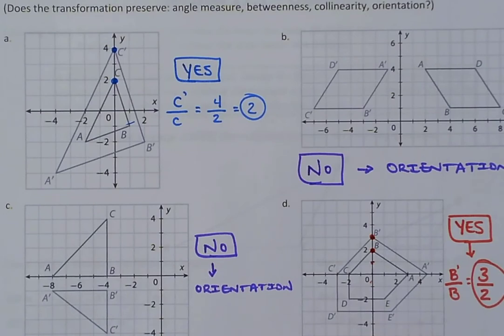You could check that for all the others, but that is our answer for part D. So when you're on the homework, first of all, just look at the 2 shapes they give you, and determine in your mind whether it appears to be a dilation. The things to look for: does it preserve angle measure, the same shape, betweenness, and does it face the same way? So orientation, it has to face that same way. It cannot be reflected or rotated.